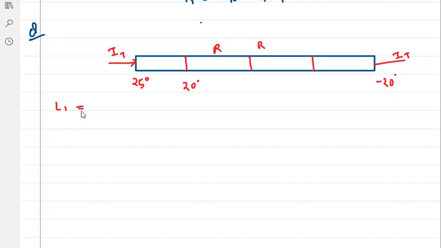The value is not given, but it is given that L2 is equal to 5L1. And these are both of length L.